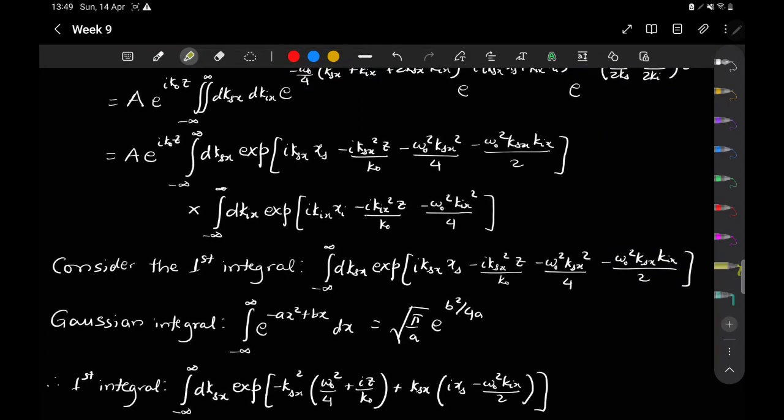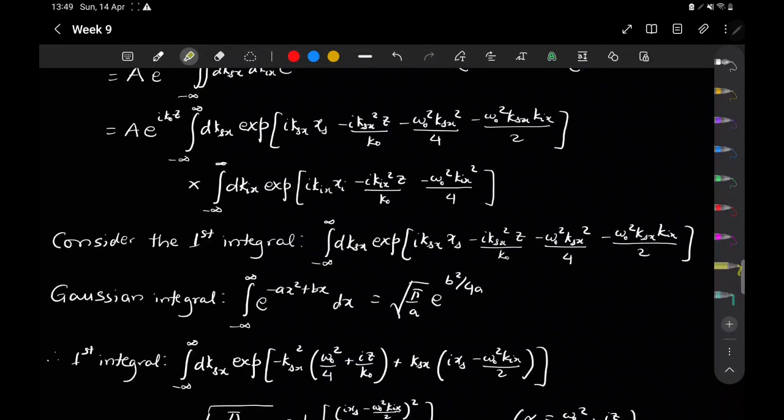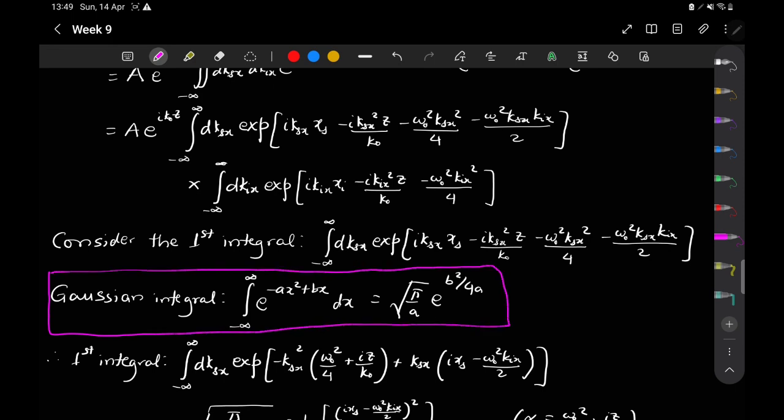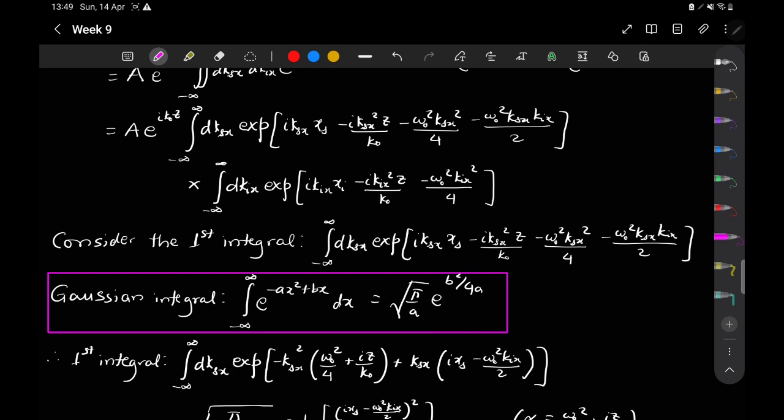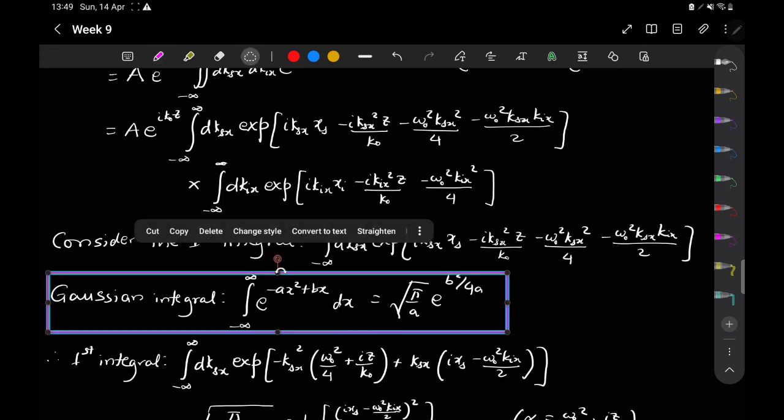Then we will look at the first integral. We will make use of this Gaussian integral, which is very important. You should remember this. We have made use of this integral multiple times and we will continue to use this integral all throughout in physics.